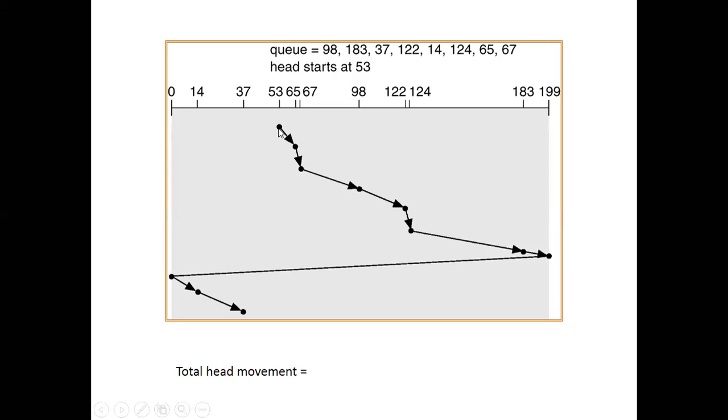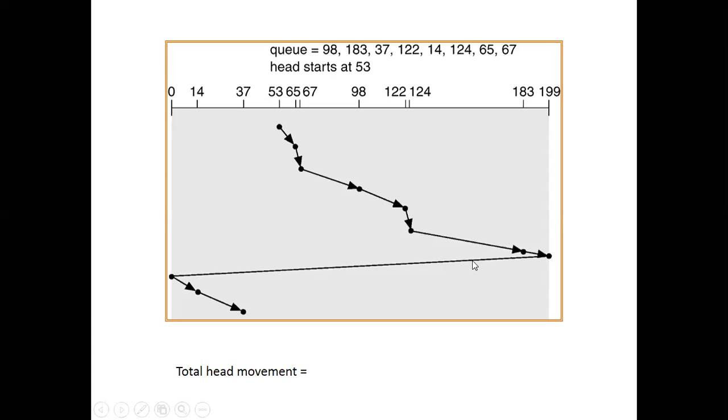My current head position is at 53. Since it is C-SCAN scheduling, a variation of SCAN scheduling, either you can move in the left side direction or in the right side direction. Here I choose the right direction. From 53, I'm moving to 65, 67, 98, 122, 124, 183. I don't have any right side request after 183, but I must reach the end, which is 199. Once I reach the end, I can reverse my direction. See the difference?